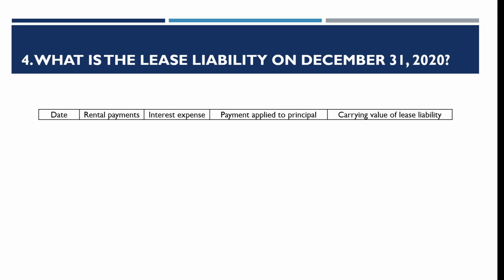Okay? So, ito yung mga columns na gagamitin natin. The date, rental payments, interest expense, payment applied to principal, and lastly, carrying value of your lease liability. Okay? Plot natin yung initial measurement. As of January 1, magkano initial measurement ng lease liability? 3,510,000.